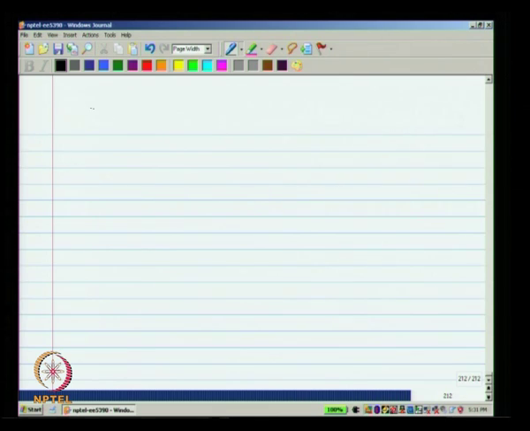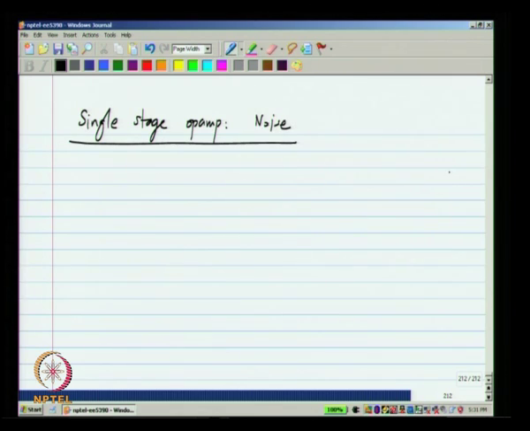Now, the next thing to be calculated is the noise. So, we will again finally calculate the input referred noise of the circuit. Okay.